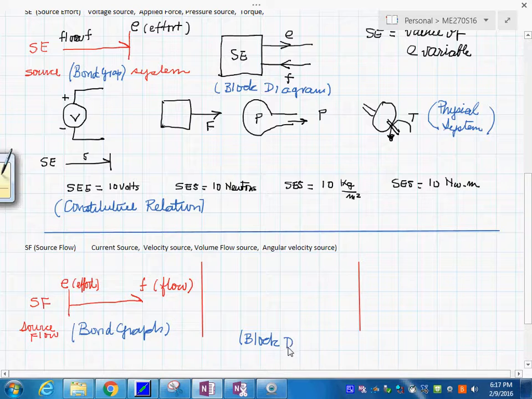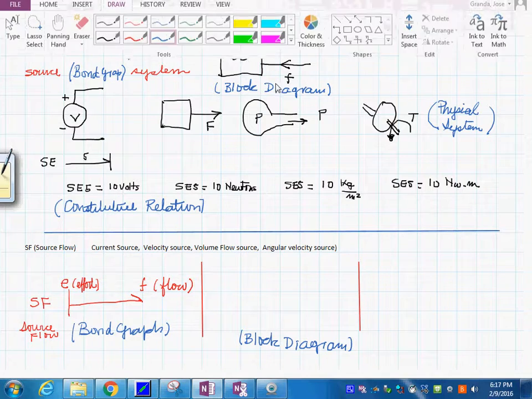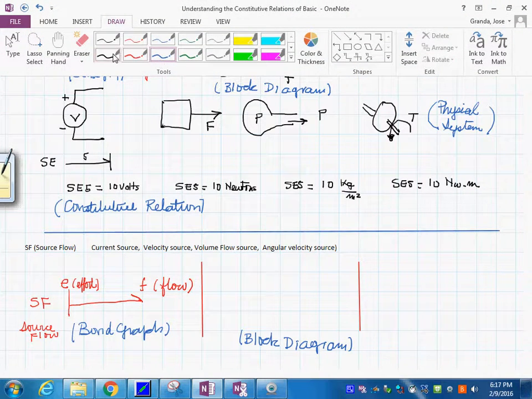The flow variable is the one that comes out, and this is the one that goes out of the system, and what goes into it is the variable E. You write it like the source of flow like this, and then you put the value of the F variable.